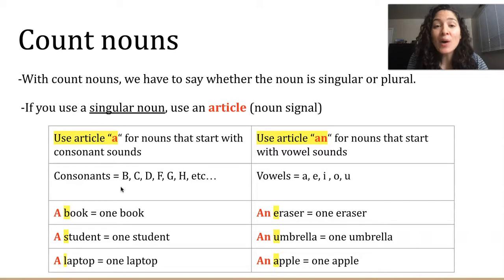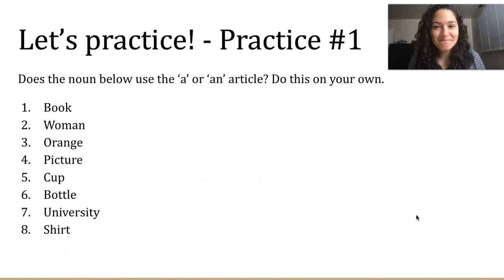When the noun starts with a vowel sound, like A, E, I, O, U, the beginning sound of the noun, we say an, like an eraser, an umbrella, an apple. So this is to show one. This is to show a singular count noun. Use a or an. Let's practice.